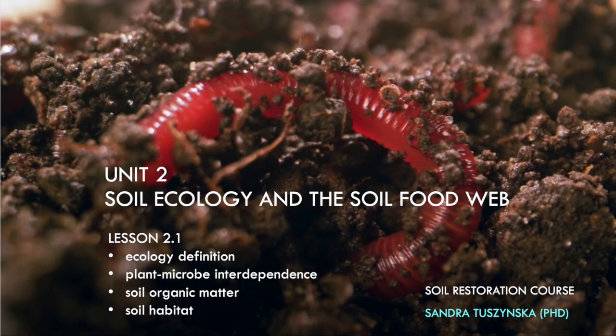Today we'll be talking about soil ecology and the soil food web. First of all, we'll describe what ecology is, the interaction between organisms within an ecosystem. So we'll define this concept of ecology.